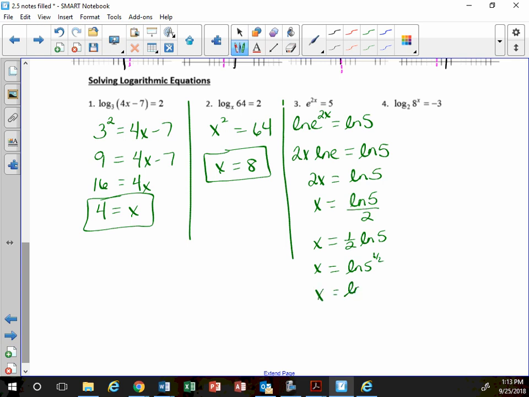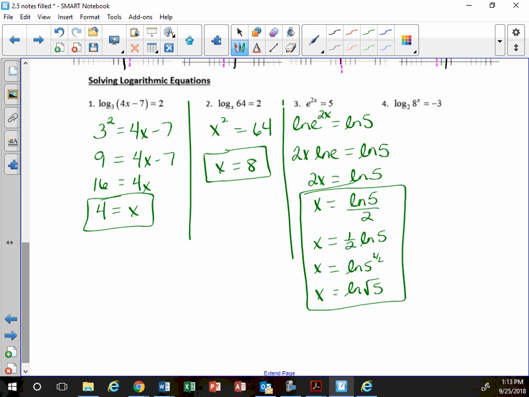You could say x equals natural log of the square root of 5. All 4 of those are equivalent and correct. Just realize if it's a multiple choice question, I might give you one of those, so you should recognize all of them. Do those all make sense to you? You understand what's happening there? Okay.